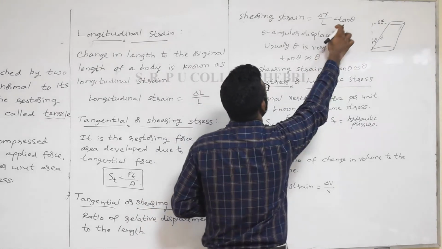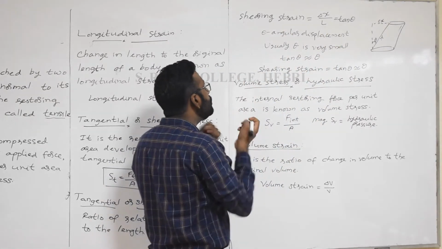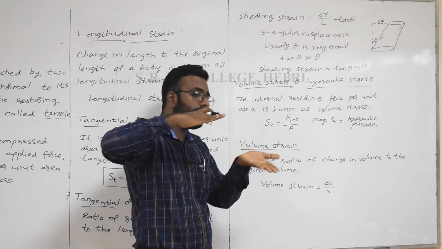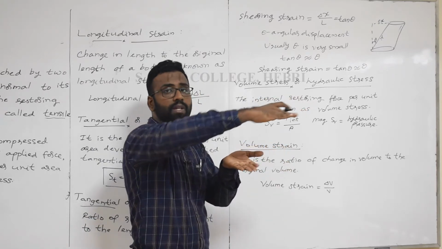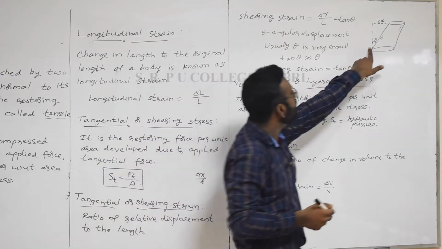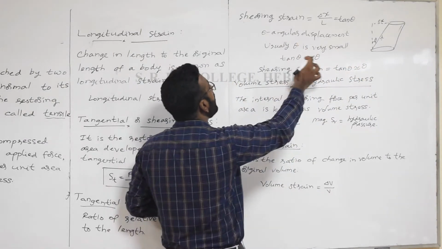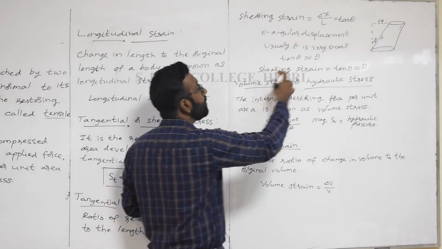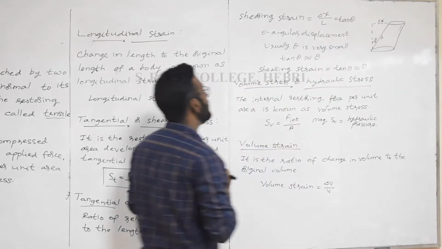Usually this theta will be very small. Whenever you apply some force, a lot of displacement does not take place. So a very small theta is developed. That's why we can take tan theta approximately equal to theta.